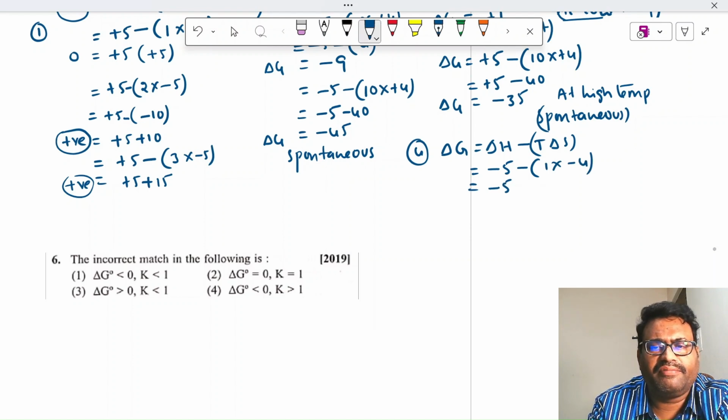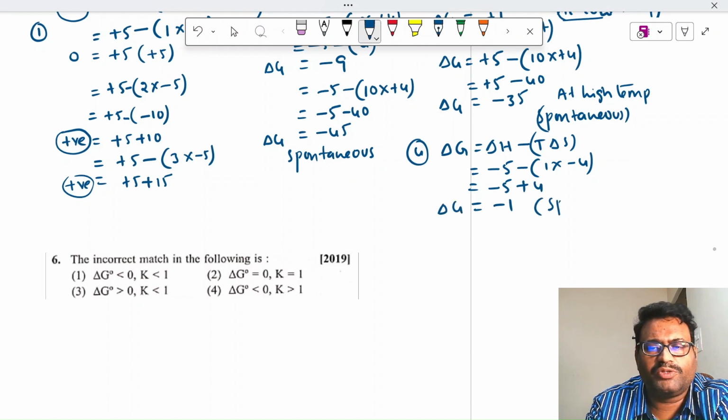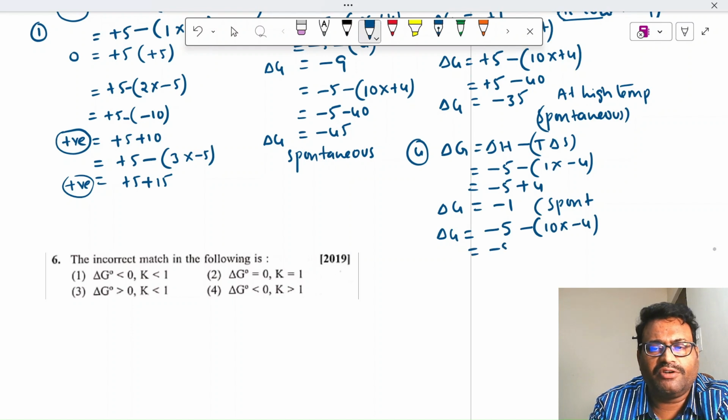Minus 5 minus into minus plus 4, that is equal to minus 1. So delta G, so what is that? Spontaneous. But if you increase the temperature, let us increase the temperature. Delta G is equal to minus 5 minus of 10 into minus 4. That is equal to minus 5 plus 40. That is equal to plus 35.